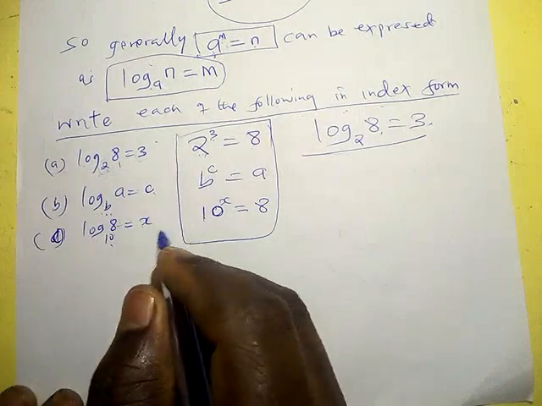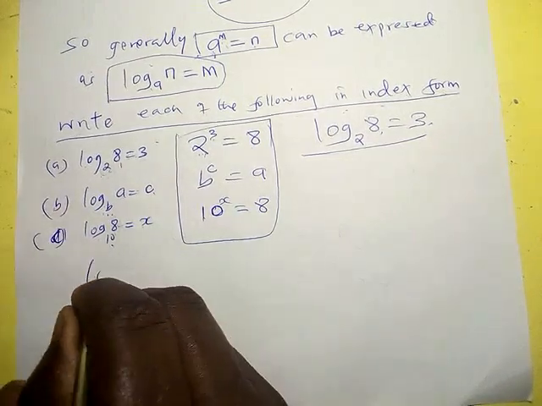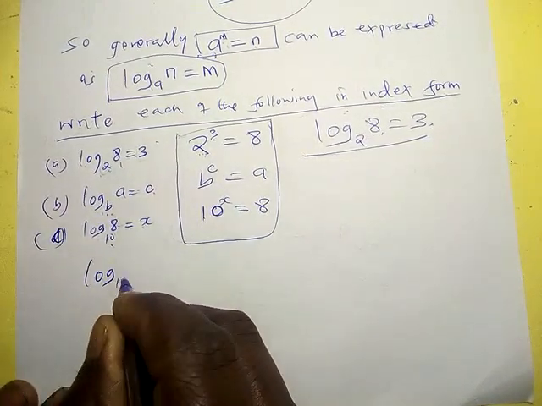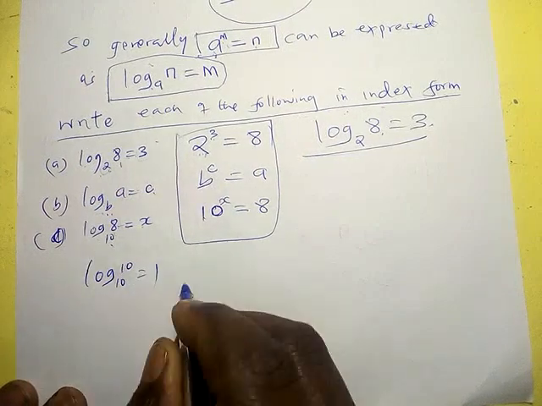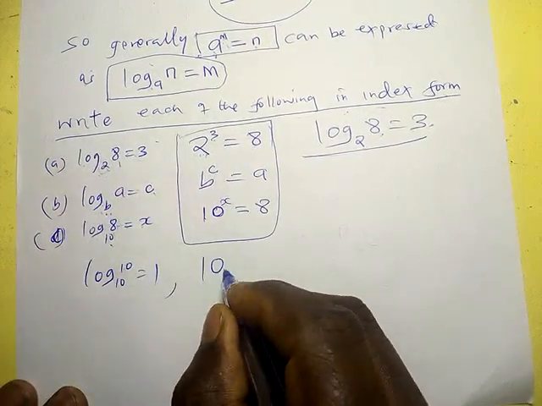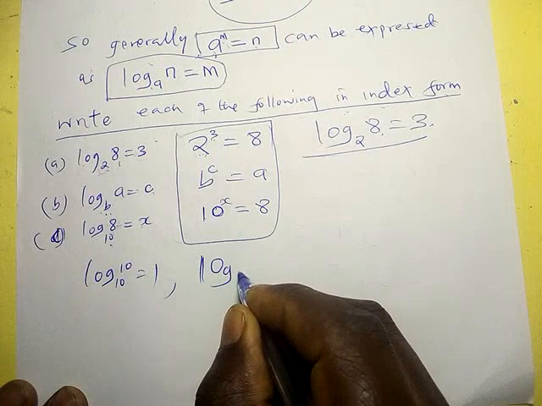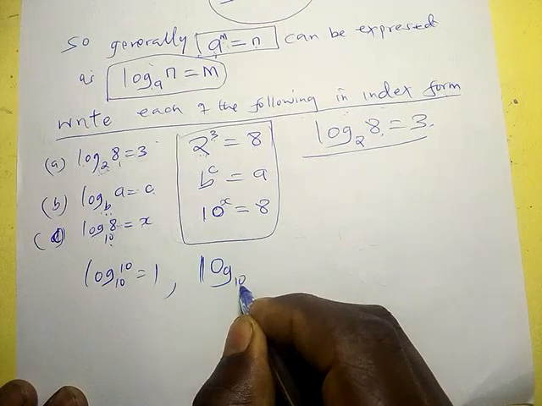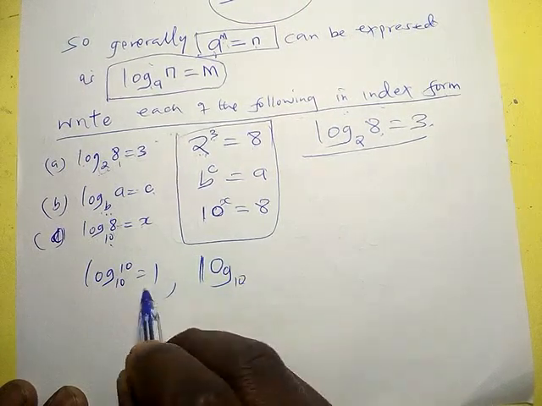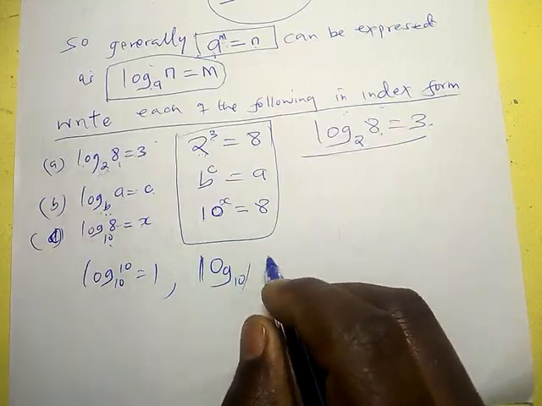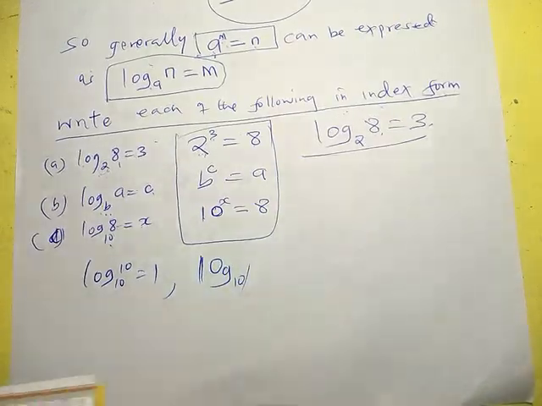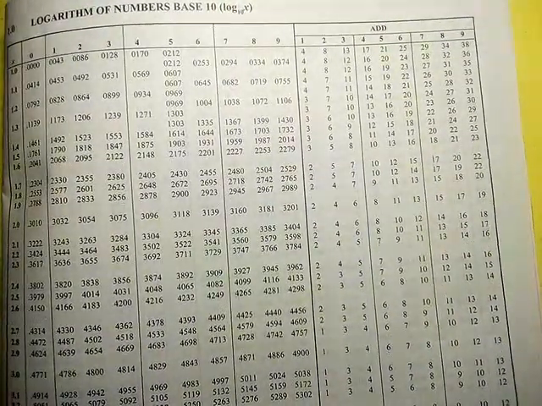I also want to give you this note that the logarithm to base 10 of 10, the answer is 1. Actually we don't write base 10. The logarithms that are provided in our table are all of them to base 10.